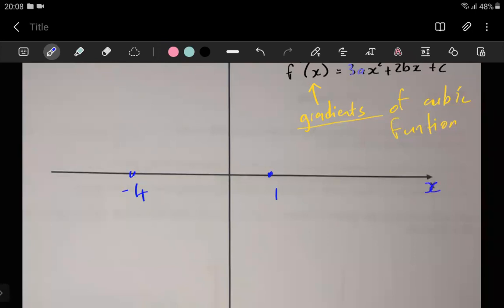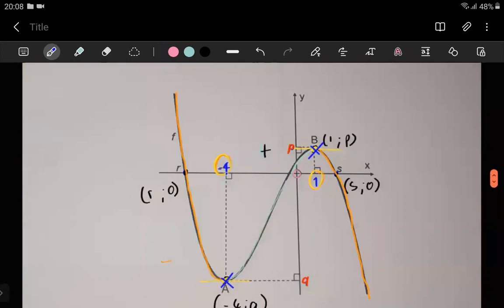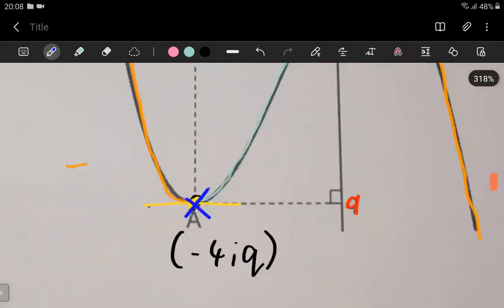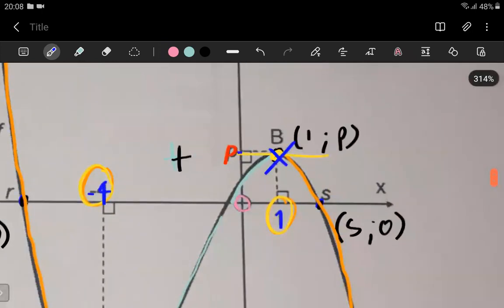The reason is that the gradient at -4 is 0, and the gradient at +1 is 0.